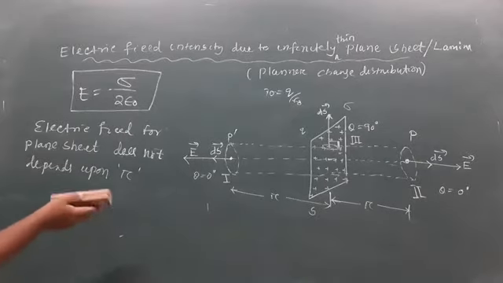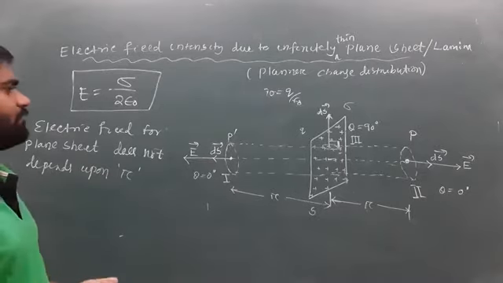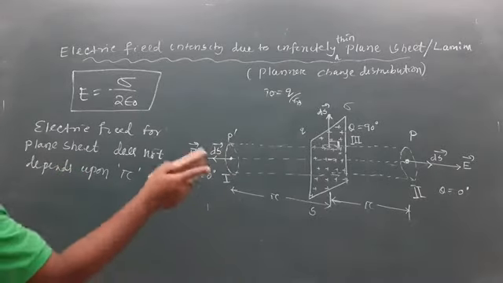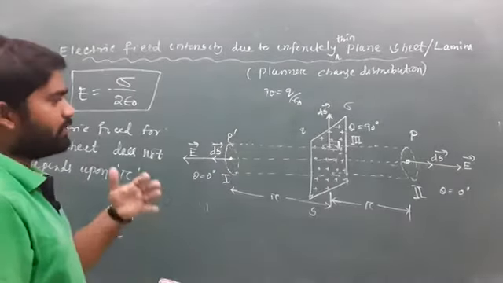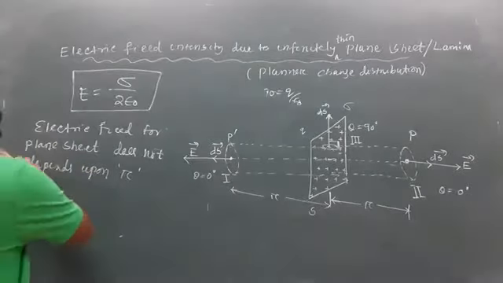Okay, so let us consider the special cases in order to find the electric field due to parallel sheets. This one is a single sheet, but when we consider parallel sheets, then what will be the resultant electric field?